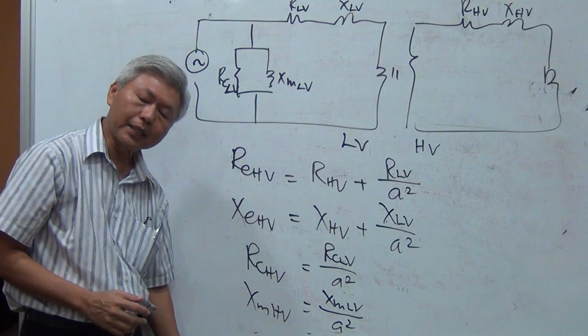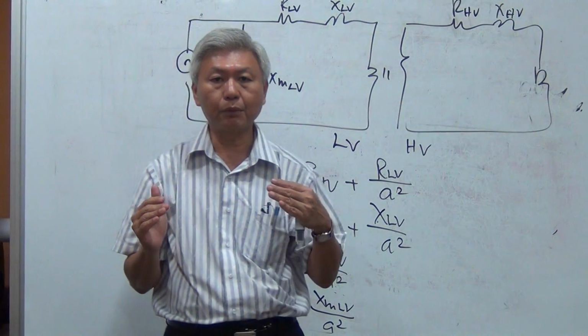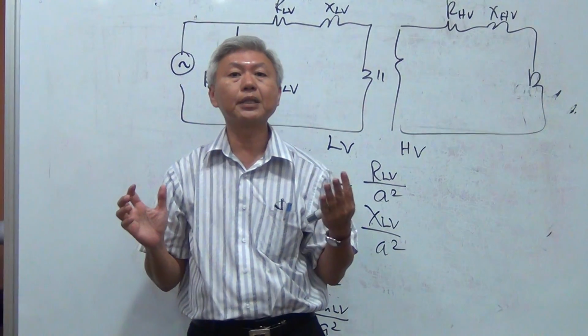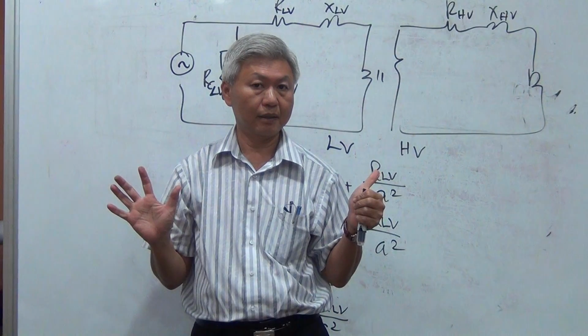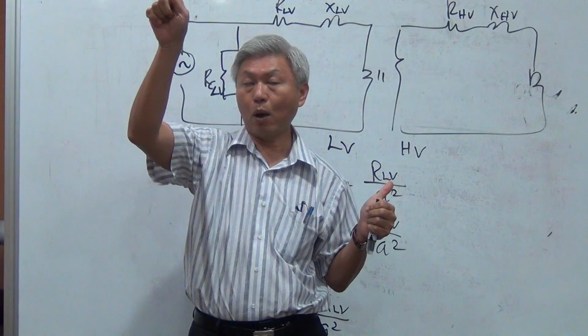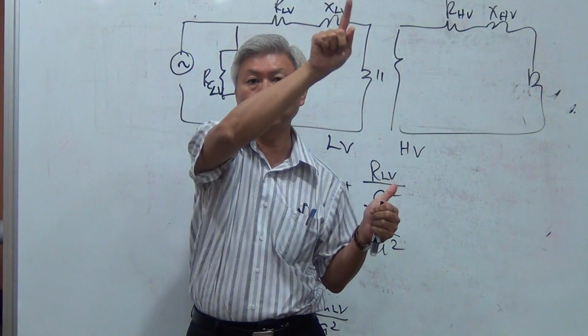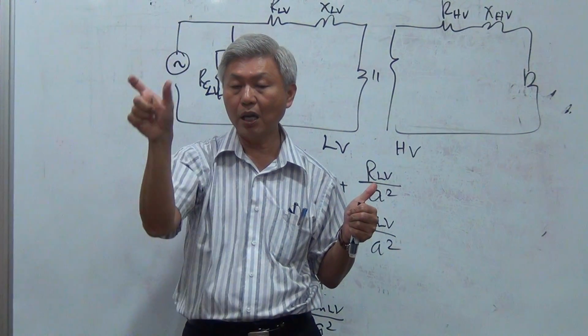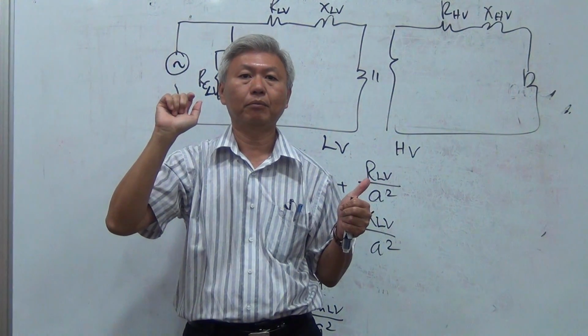Now, to sum up, the second section of transformer is about referring parameters. How many parameters are there altogether? There are 6. What are they? R1, X1, R2, X2, and the parallel structure, RC1, XM1.